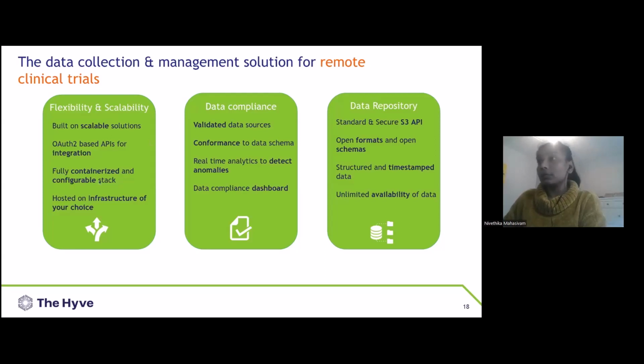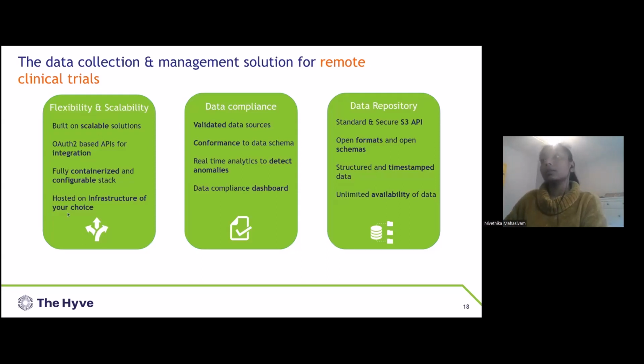And the platform is fully containerized, so we use Docker to Dockerize the platform, and we also have a configurable stack to deploy it, so that you can actually deploy this platform in any infrastructure that you have. It can be deployed in a private infrastructure or in a public cloud, wherever you like.